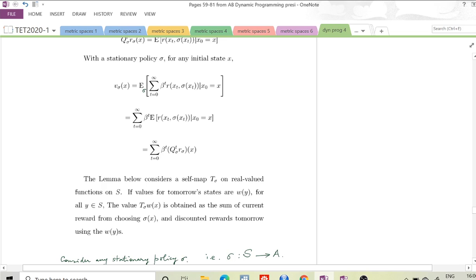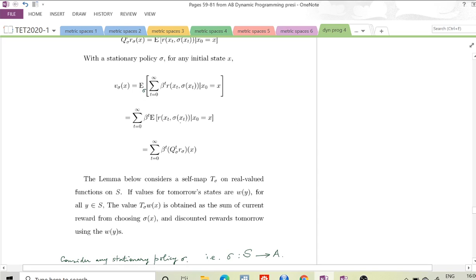So this is saying that you will discount the payoff by beta to the t, and you will take an expectation over the payoffs that you will get at time t. Right? So how will you do that?